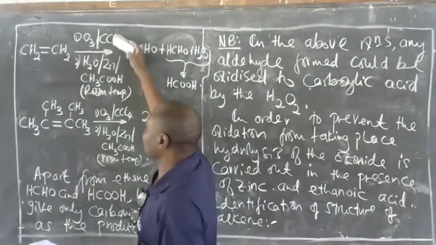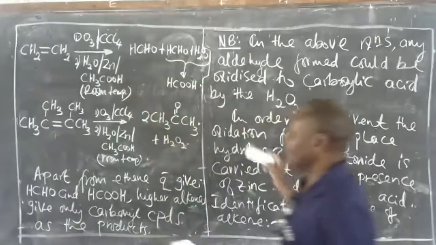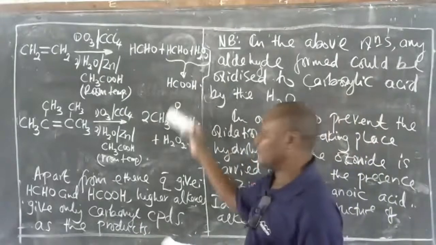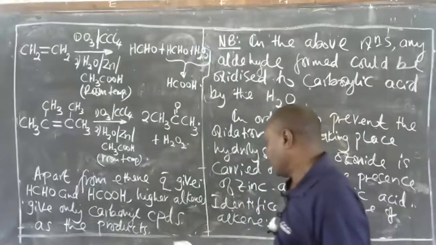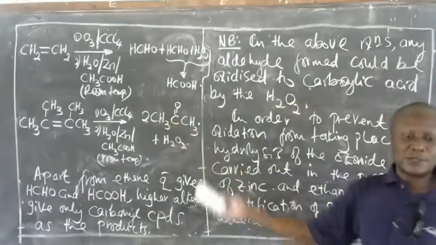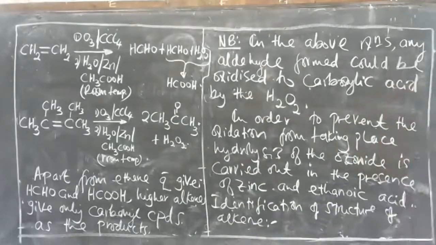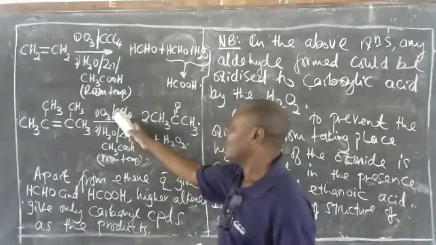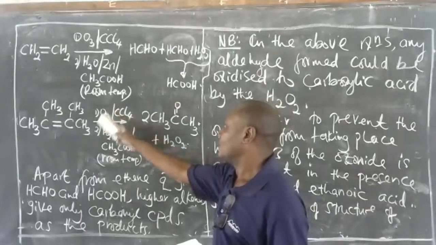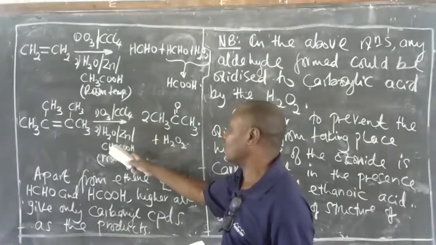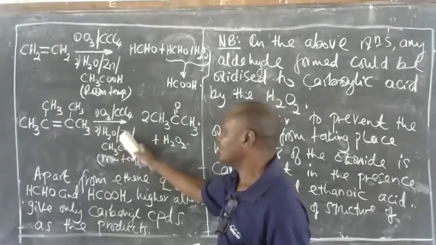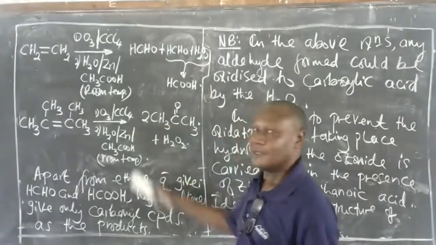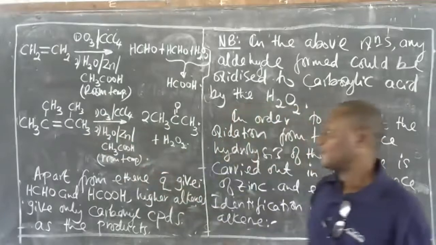I was giving these ones here instead of writing all the others. But from the previous question, your friends couldn't answer that question because what they were told to do was describe. Now, if you just use these ones here, complete the following. You are adding ozone, in the presence of carbon tetrachloride, water, zinc, ethanoic acid. Complete this one. Then they say explain.